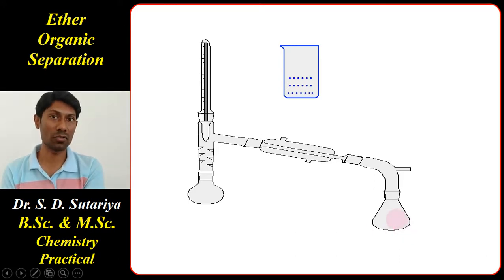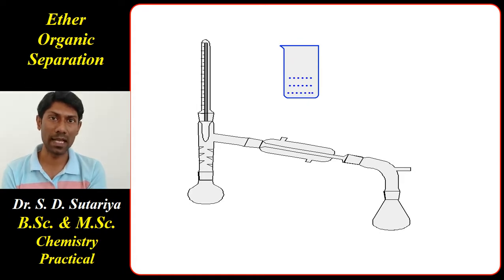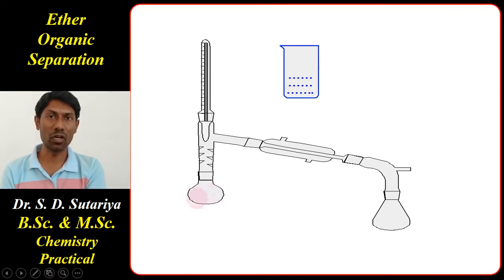If there is a liquid compound, it comes out of this set, and then the remaining solid is there in the water bath or sand bath. Then consider that a solid compound is there.